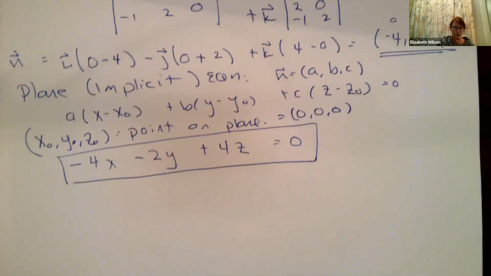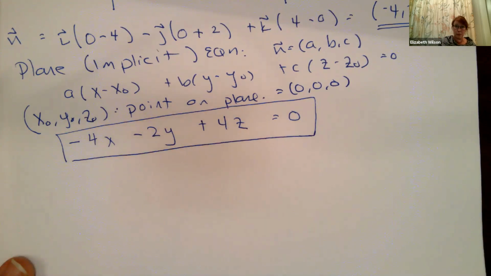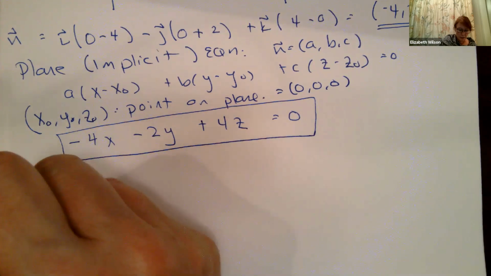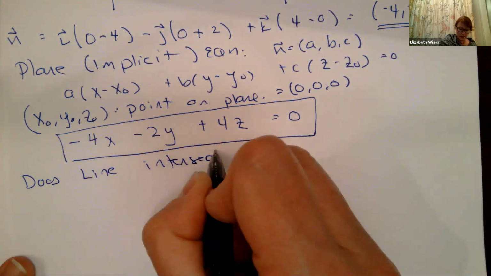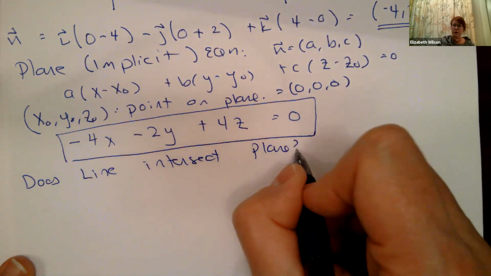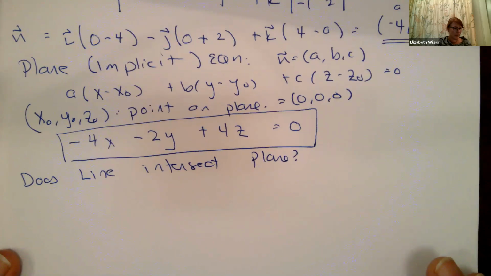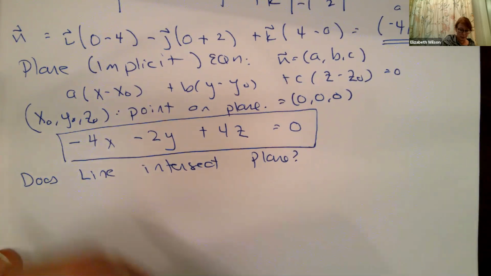So we've come up with our plane equation. Now I have to ask, does the line intersect the plane? First, I'm going to ask if it intersects the plane, and then I'm going to ask, does it intersect the triangles? The first thing is, does it intersect the plane?